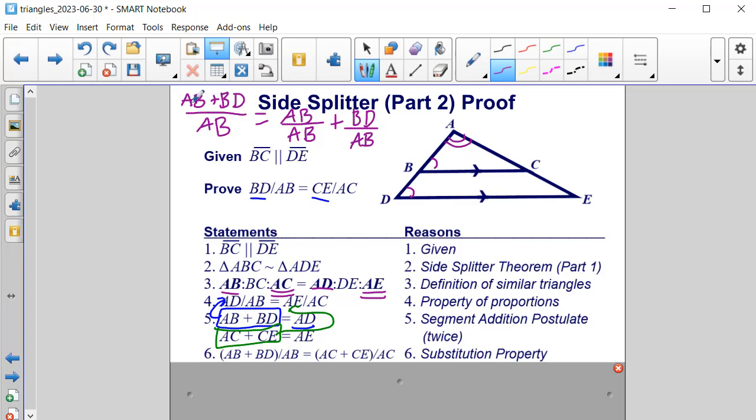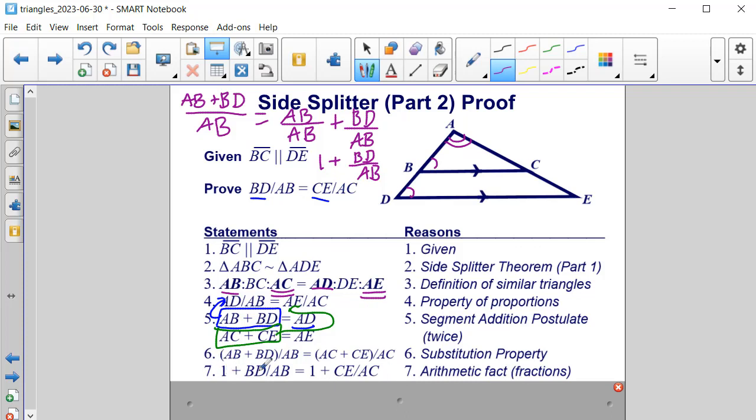Because whenever you have, say, 1 plus 2, all divided by, say, 5, you could rewrite it as 1/5 plus 2/5, and you would get 3/5 in each case. So we're using that same property of fractions, and we can then simplify AB divided by AB to be 1, and then plus BD over AB.